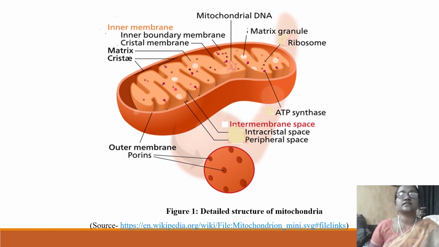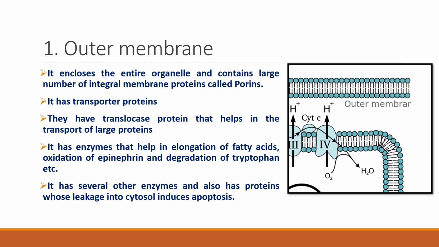This matrix comprises lots of ribosomes and DNA. Here you see small knob-like structures. They are the ATP synthases which are attached to the inner mitochondrial membrane, while these white ones are the granules. We will see each of these things in the upcoming slides.